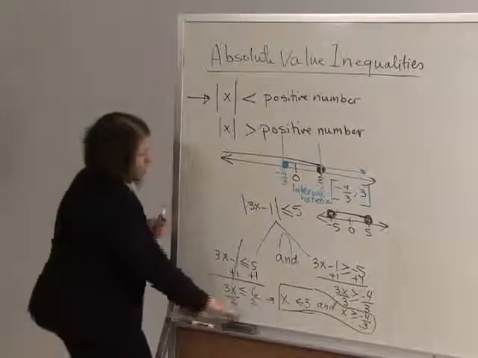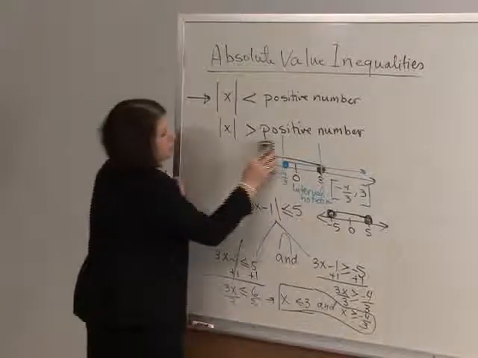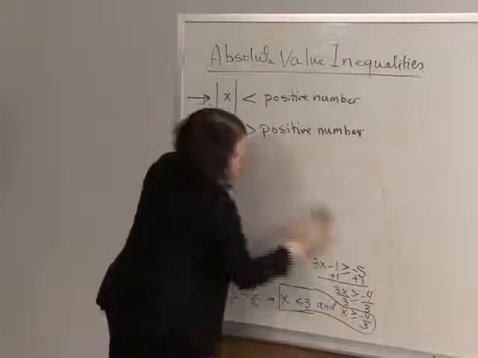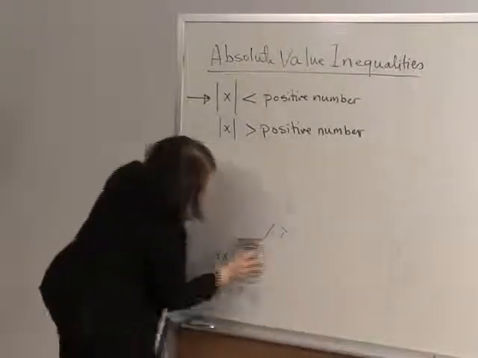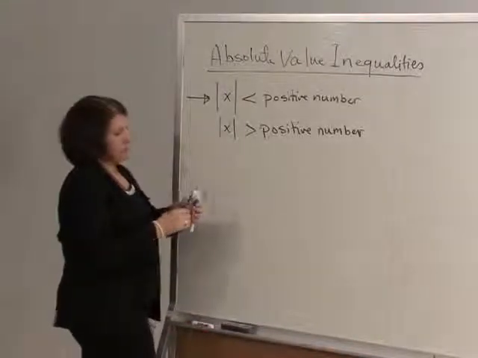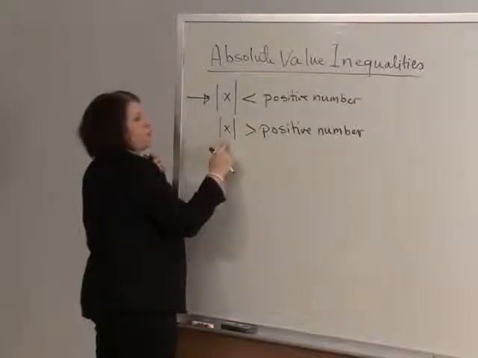Okay, one other thing about absolute values is that sometimes you may have an absolute value inequality that is not in the standard form. If you have it like this, that's in the standard form.